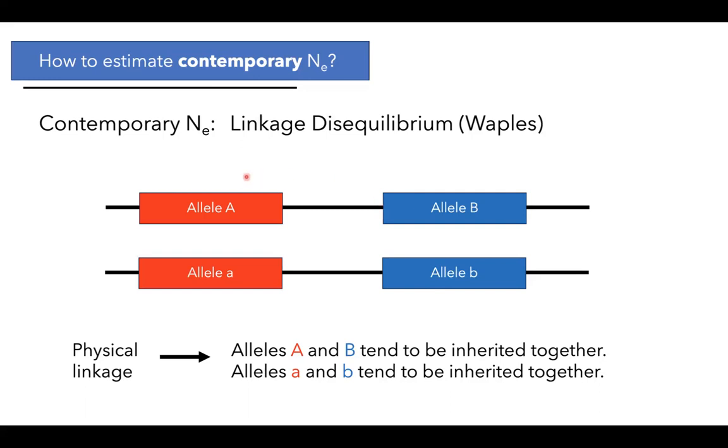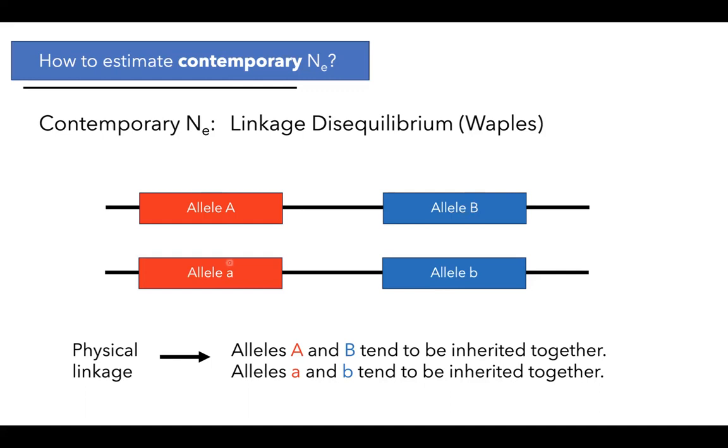And so the way these alleles are arranged, we have a big A allele at the red gene on this top chromosome. We have a big B allele on the top chromosome at the blue gene. And so big A and big B are physically part of the same piece of DNA, and they're going to be inherited together as a unit, right? Similarly, on the bottom chromosome, we have little a and little b linked together.